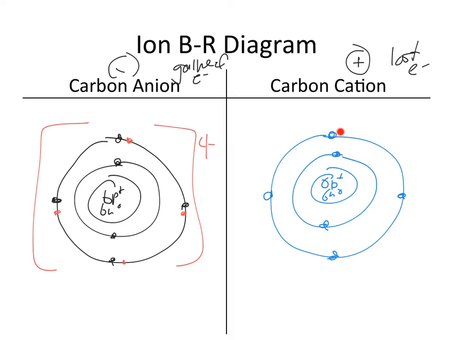If it loses 3, it'll still have 1. So to get rid of this shell completely, it needs to lose all 4 electrons. So let's go ahead and get rid of these ones here. So we'll just have to scratch this out here. Okay. So in that case, what we're left with is, all right, here we go.